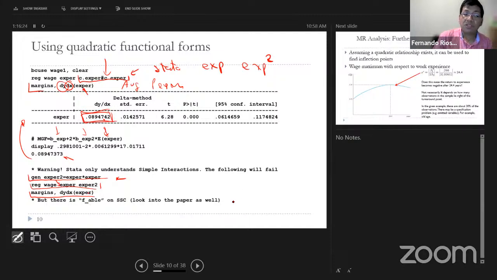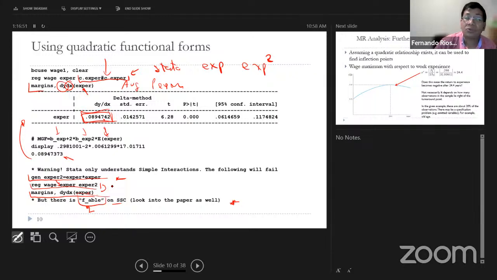However, if you're really curious on how this works and how to make it better, I wrote a small do file that you can get from SSC, and there is also a paper that tells you how you can still let Stata understand that this is an interaction and use margins to get marginal effects for quadratic functional forms without using the c. dot, etc. It's a nice exercise.